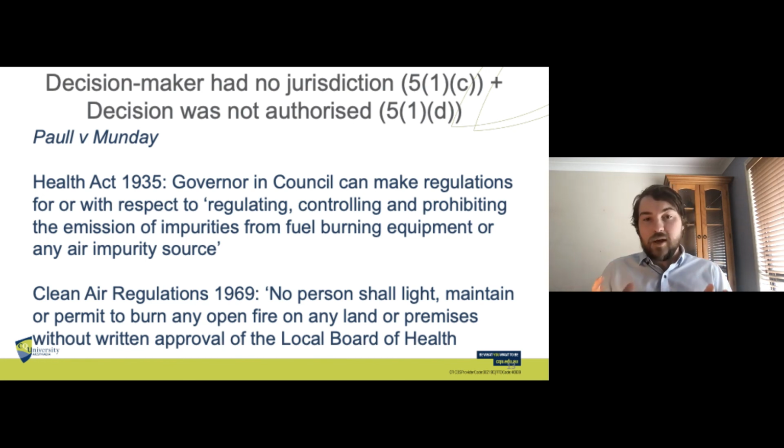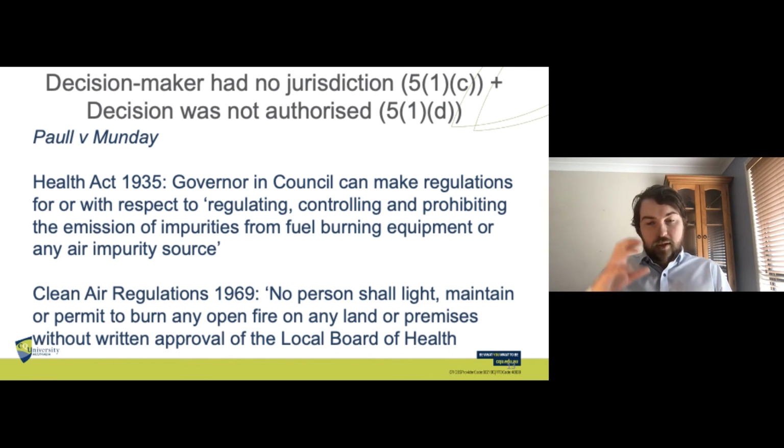So the Health Act 1935 gives the power to regulate air impurities. Under the authority of that act, the Governor in Council made the Clean Air Regulations of 1969 and directed that no person shall light, maintain, or permit to burn any open fire on any land or premises without written approval of the local Board of Health.